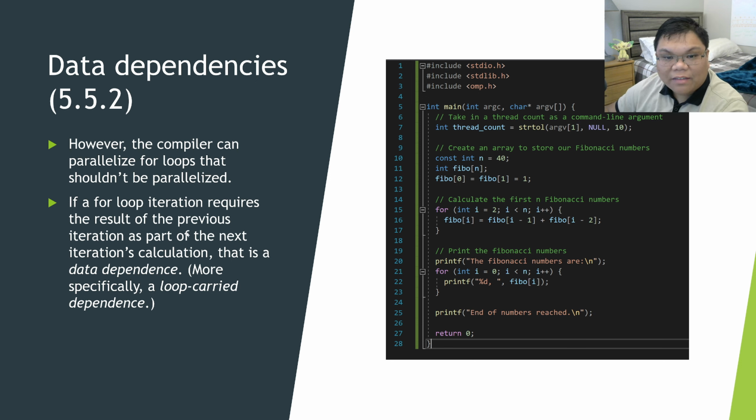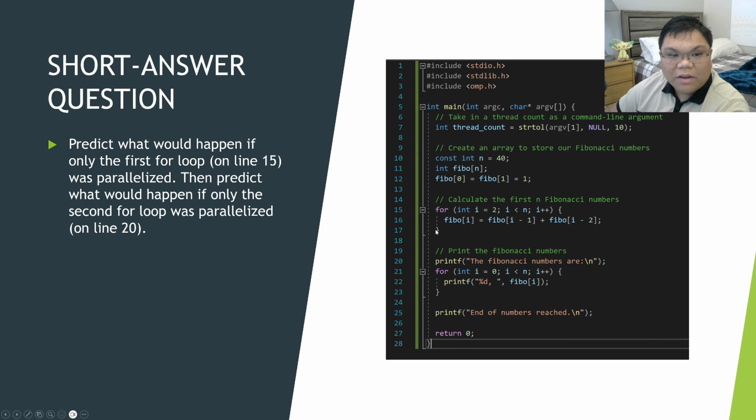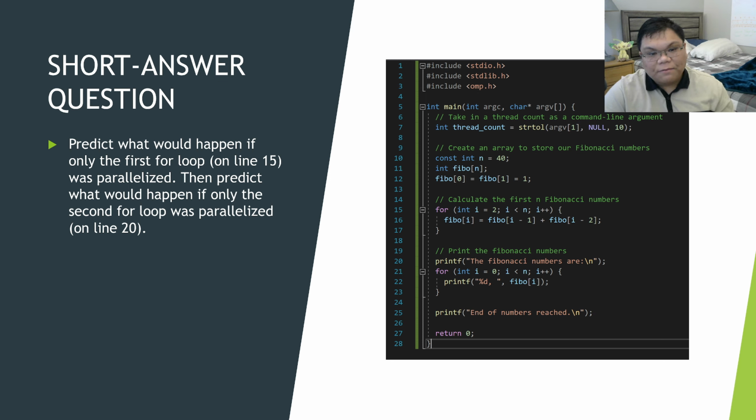In fact, I guess that's a hint to your next short answer question. Predict what would happen if you parallelized the first for loop, and then predict what would happen if you parallelized the second for loop. You're parallelizing these for loops one at a time, but you are making a prediction of what would happen.